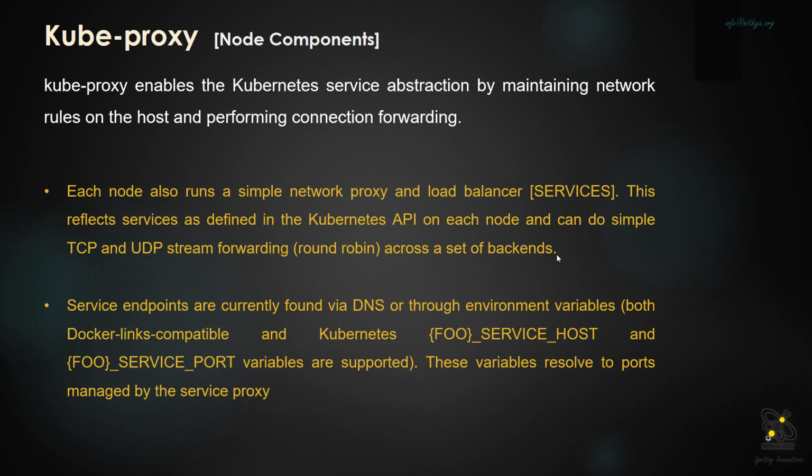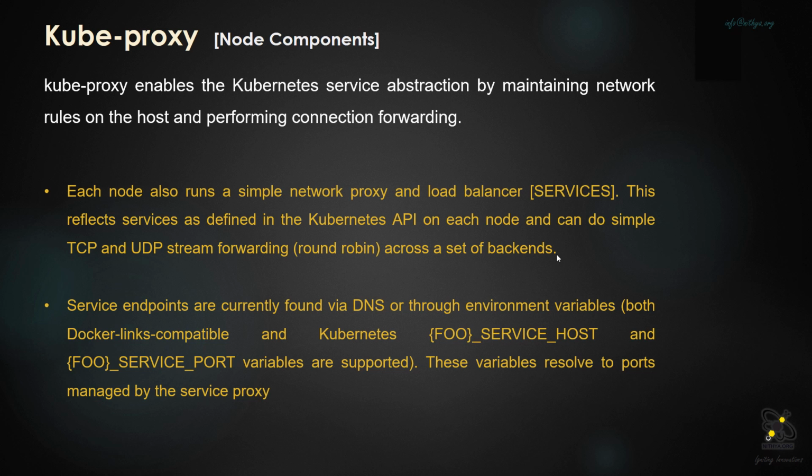Suppose I want to get a service for the order service. I will hit the service IP or service DNS name, and then it will distribute my request to one of the pods running under that service name.